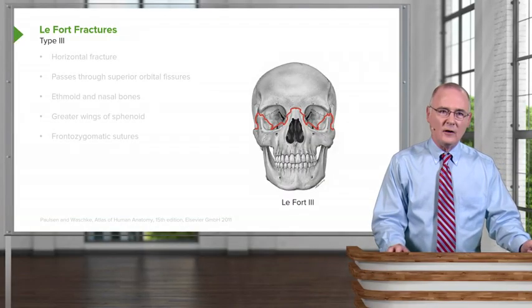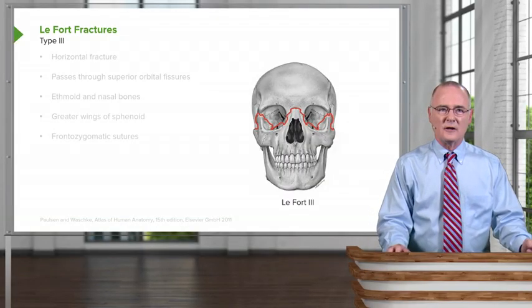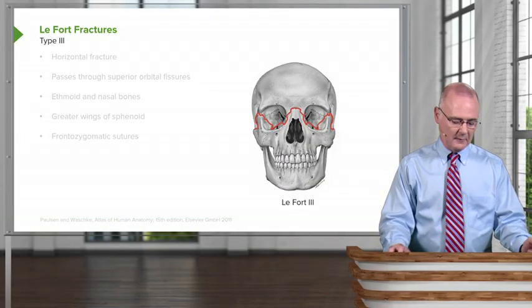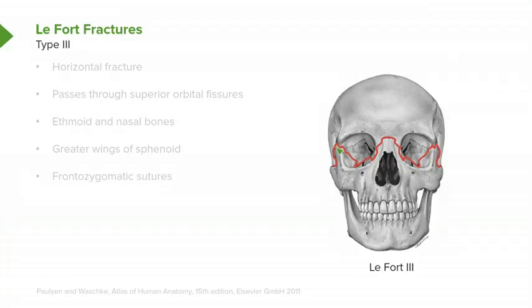The third and final type of Lefort fracture is simply identified as type 3. This lies most superiorly with respect to the other two types, as we can see the fracture line coming across here. Horizontal fracture, upper midface, passes through, kind of hard to detect here, but will pass through the superior orbital fissures.